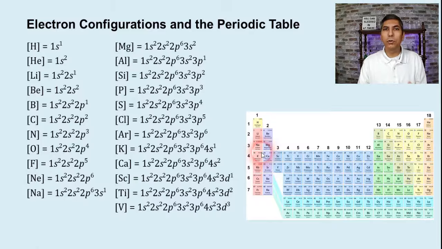Now, let's go over to the group just next to it, its neighbors there, the alkaline earth metals. And let's see if there's a similar pattern for those elements. Now, we see that beryllium, which is right here, ends with 2s2, and then magnesium, which is right underneath that, ends with 3s2. And then right underneath magnesium, we have calcium, and that ends with 4s2.